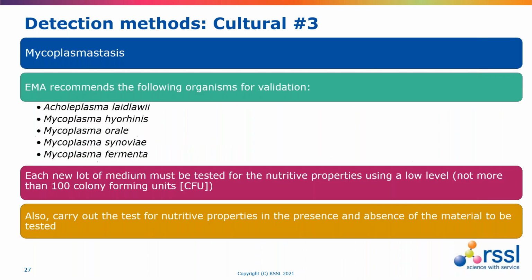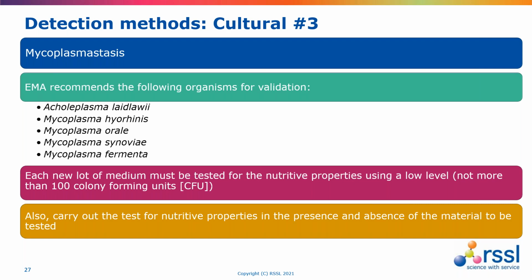It is important, as I mentioned before, to subject the culture media to rigorous quality control testing. And again, this links back to the variability of the media and its complexity.